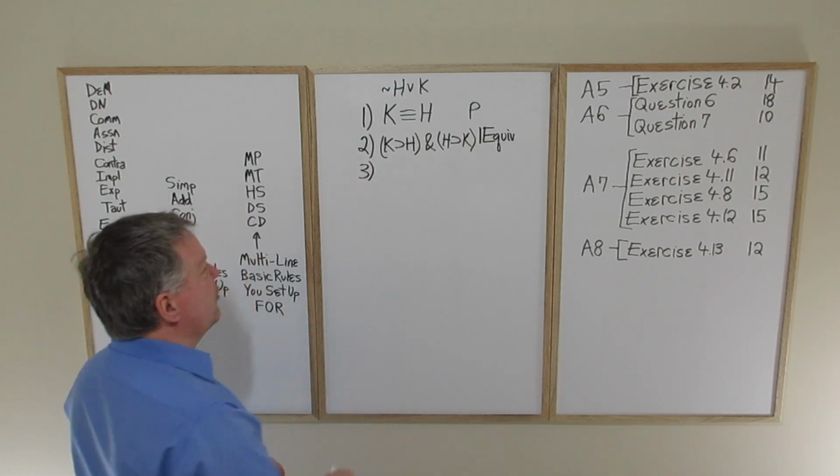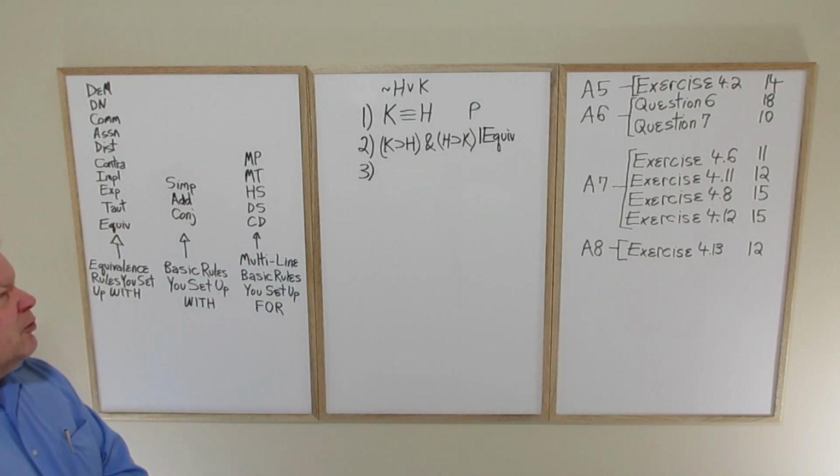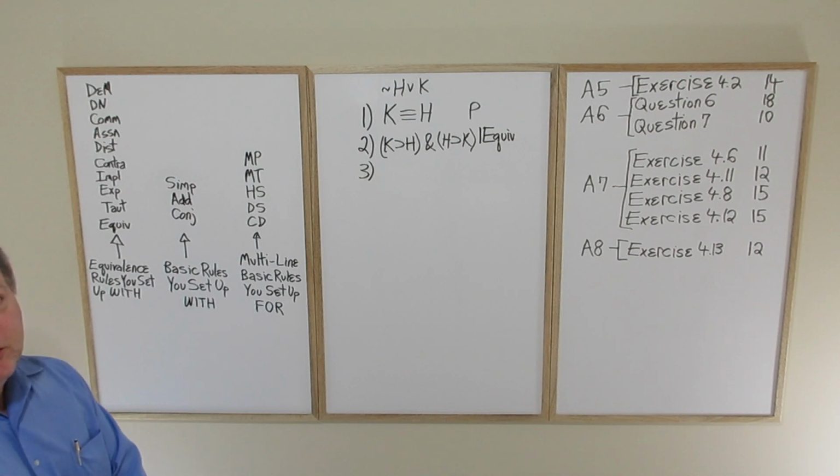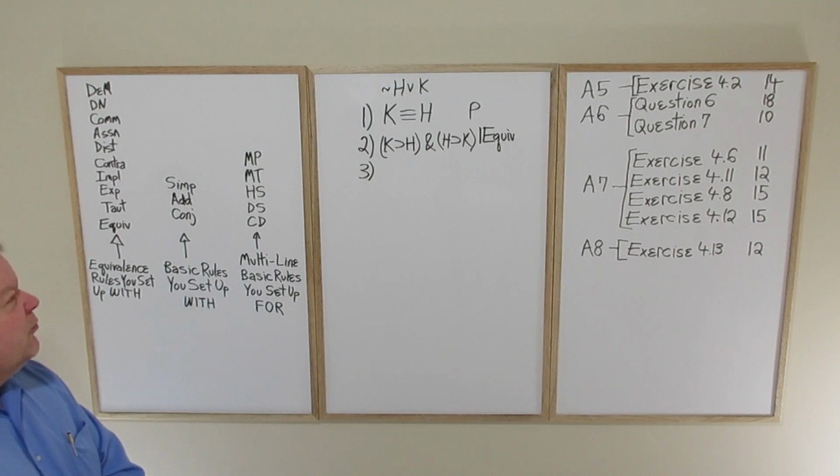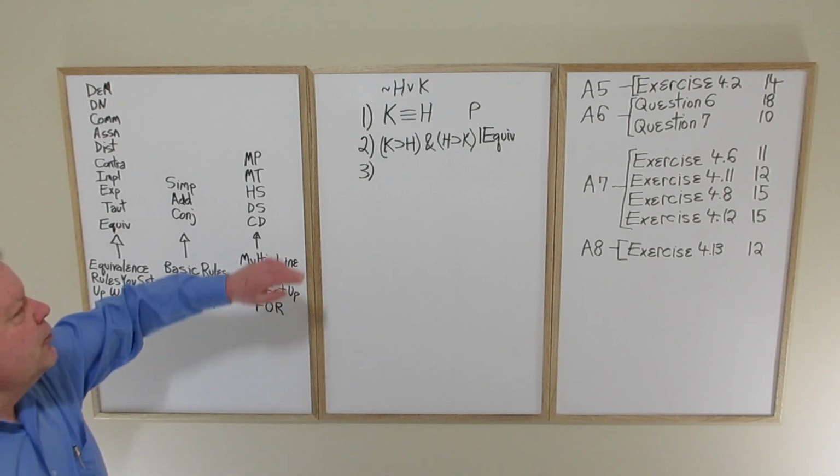The conjunction, of course, is very user-friendly. It allows us to snap off whichever conjunct is most useful to us, or if both are useful to us, it allows us to snap off both of them. In this case, however, only one of them is going to be useful to us.